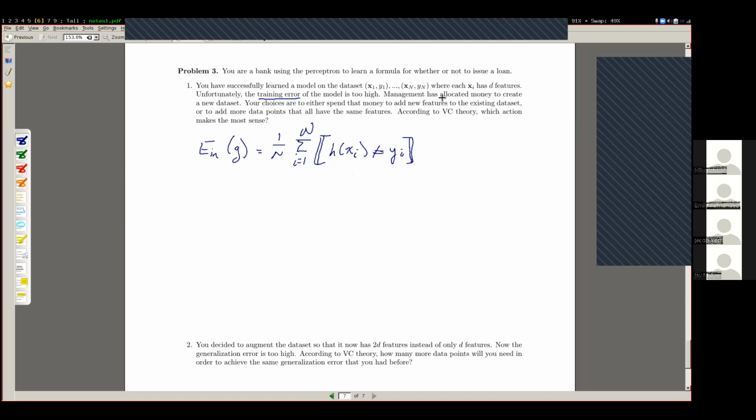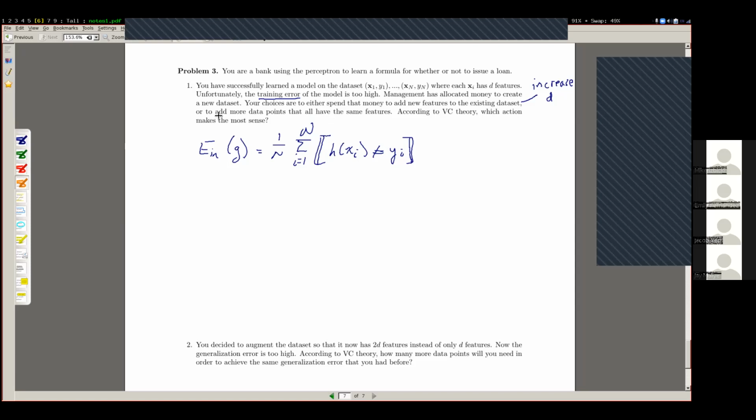Management has allocated money for us to create a new data set, and we have two choices. We can either use that money to add new features to the existing data set, which is increasing this D value, or to add more data points that all have the same features as before.